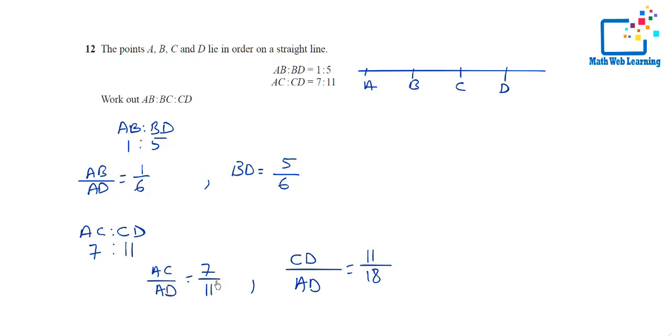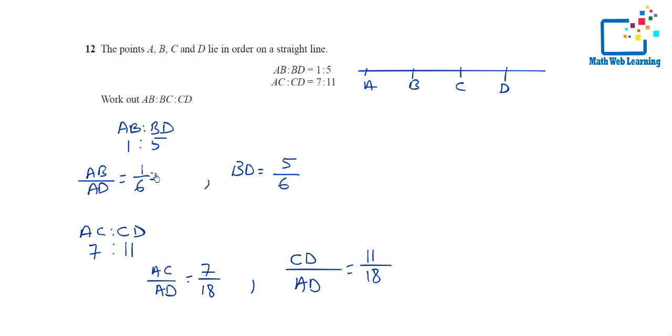So I made a mistake: AC over AD shouldn't be over 11, it should be over 18. You can see now the denominator should be 18 throughout all the ratios.